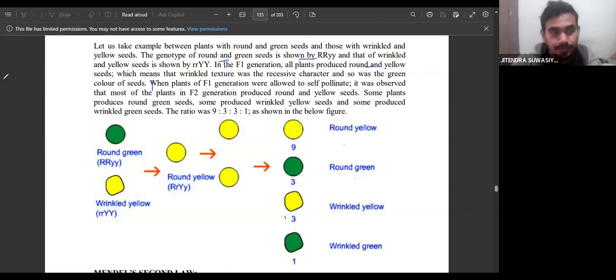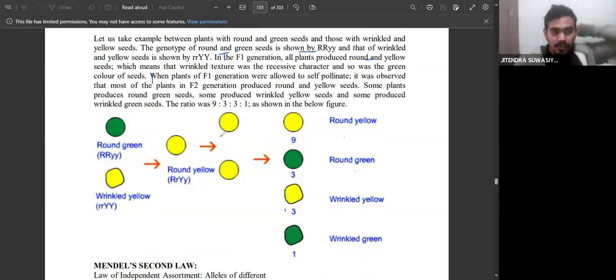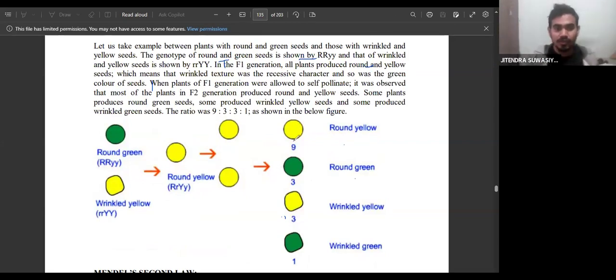I'll take an example here. See, two traits he has taken, in which he is going to find a lot of knowledge. So we'll form the arrays, like two characters he has taken.